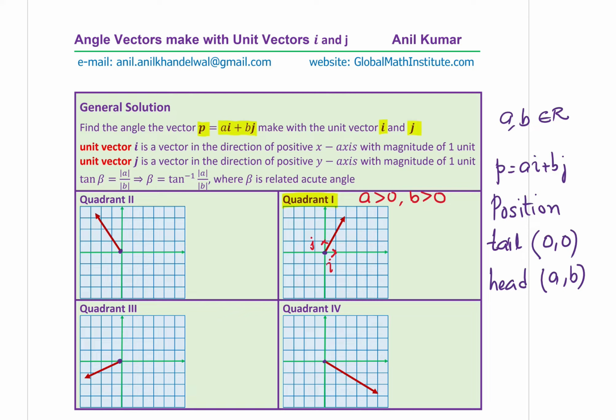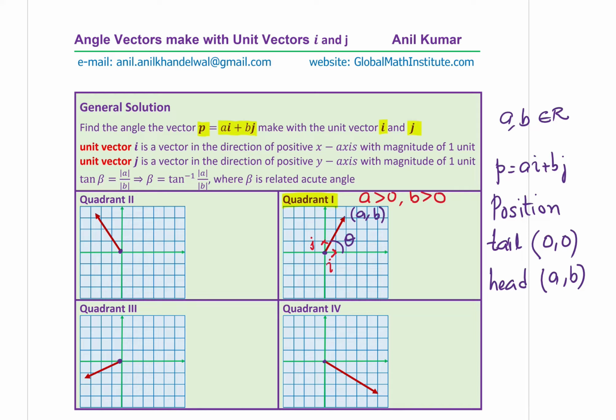Well, let us say that the angle made with the x-axis is this. Let's call this angle theta. Now, the coordinate point where the vector ends, as we have taken the case, will be (a, b).